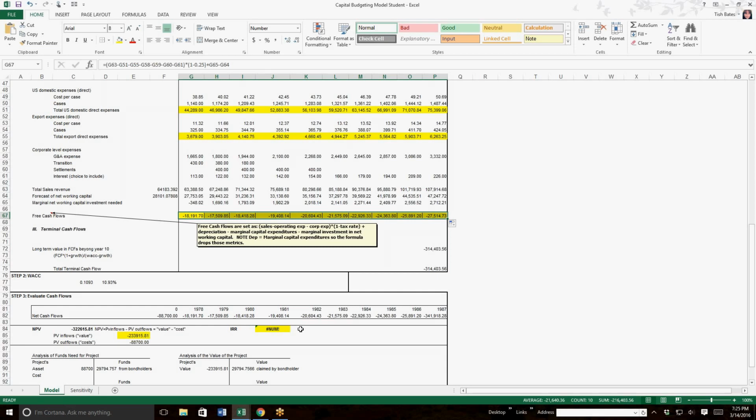This is not very good. Internal rate of return. Why is this not working? Hang on. That was the formula. It was over here in this. F9.